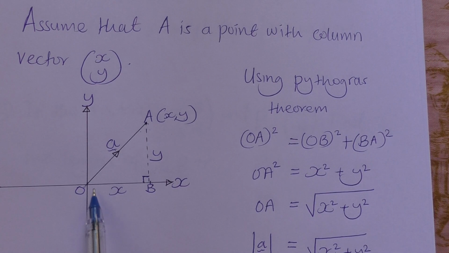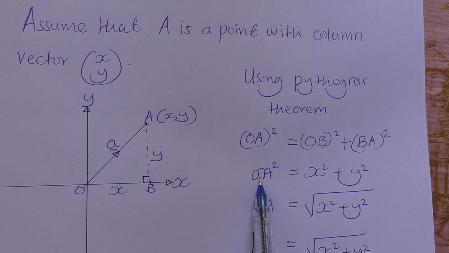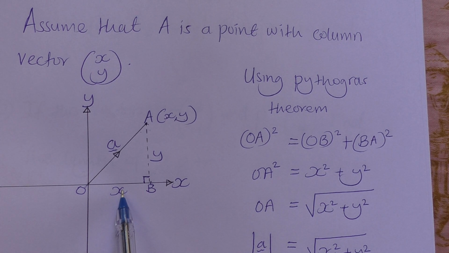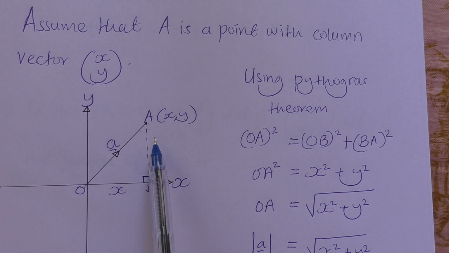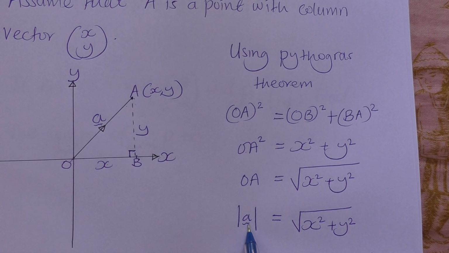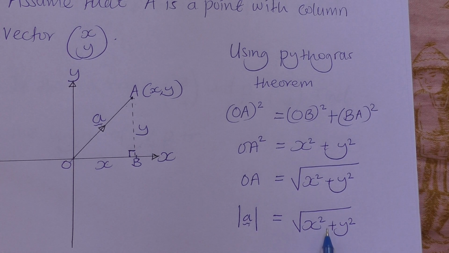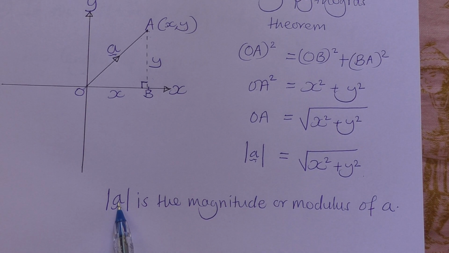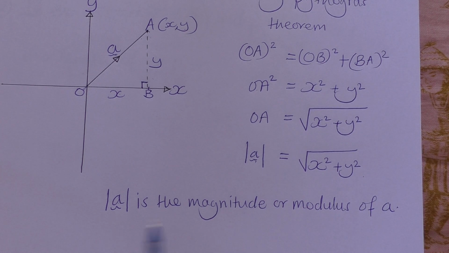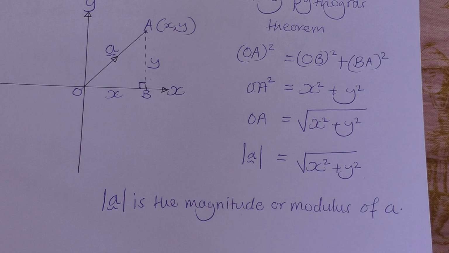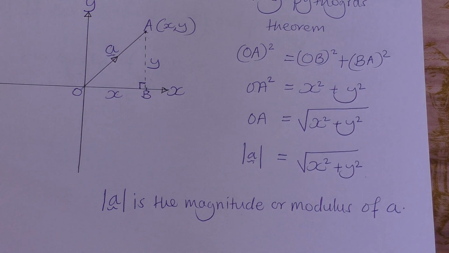OB is x and BA is y. So when we substitute, we come up with the modulus of A being the square root of x squared plus y squared, where the modulus is the magnitude of vector A. So that is how we get the magnitude of a vector.